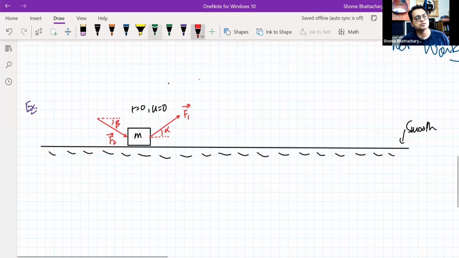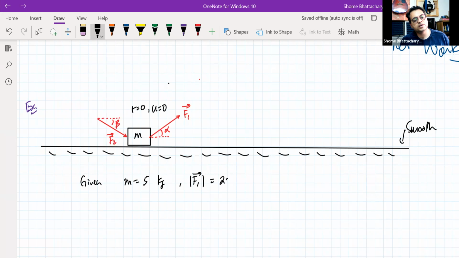Okay. So given mass of the block is 5 kilograms, F1's magnitude is 20 newtons, alpha is 37 degrees, F2's magnitude is 15 newtons, the angle beta is 53 degrees.